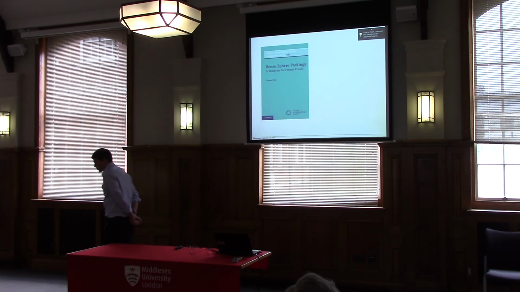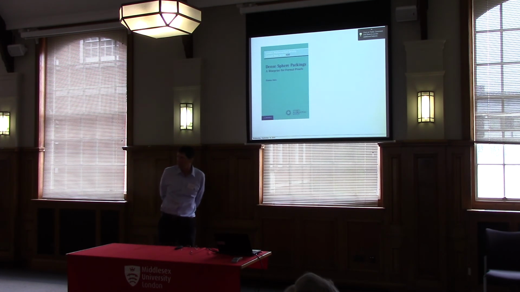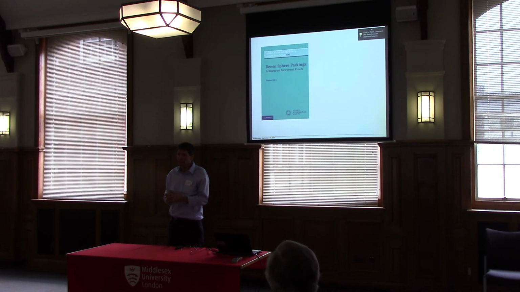As part of the project, I completely rewrote the proof of the Kepler conjecture. Now, some people feel that in doing a formalization, you should be as faithful as possible to the original proof. Gonthier, in his work on doing Feit-Thompson and four-color, did a lot of transformations of the original proof.